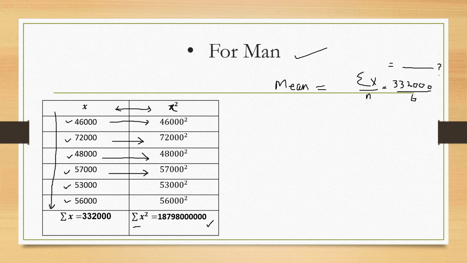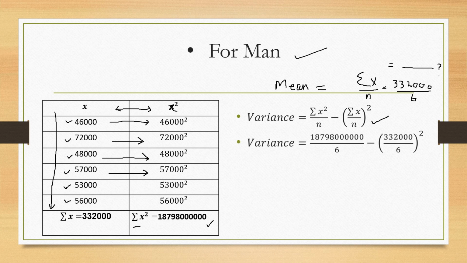Now we need to find the standard deviation, but before the standard deviation we need to find the variance of the data. This is the formula to find the variance of the data. Putting the values as in the previous slide, and then dividing by 6, our answer will become 71,262.22.